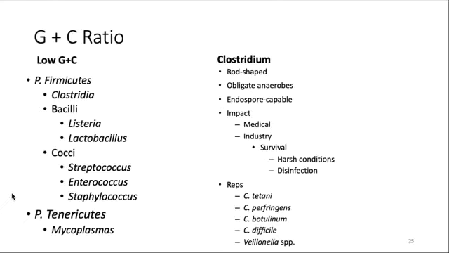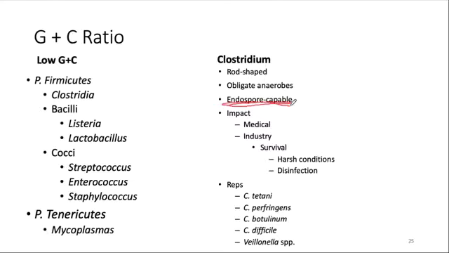But their very important feature is that they are endospore capable, so they can form endospores. And that makes them very important medically and industrially, because endospore-forming bacteria tend to be more pathogenic and more difficult to deal with. They can survive very harsh conditions in terms of treatment.